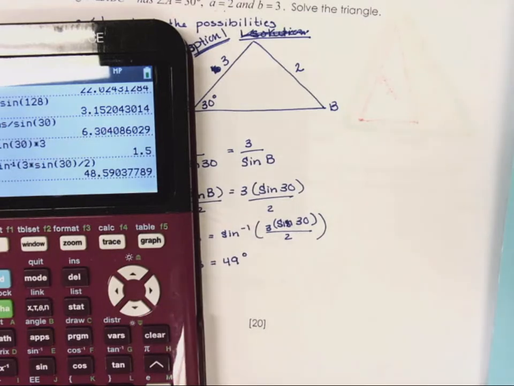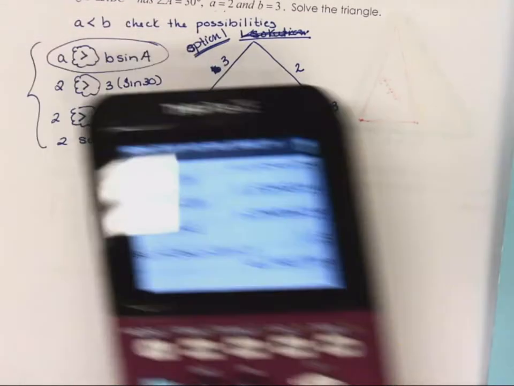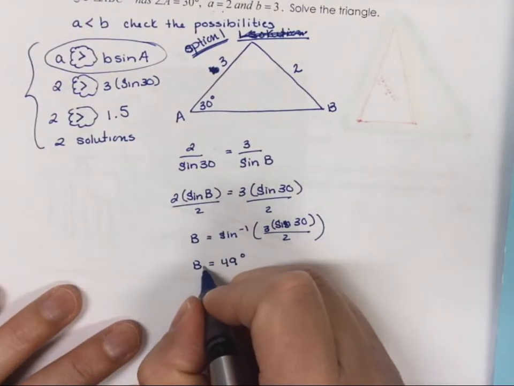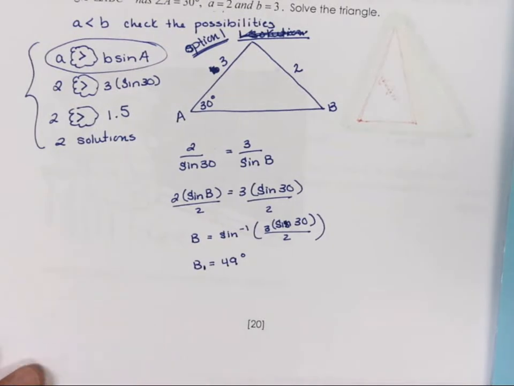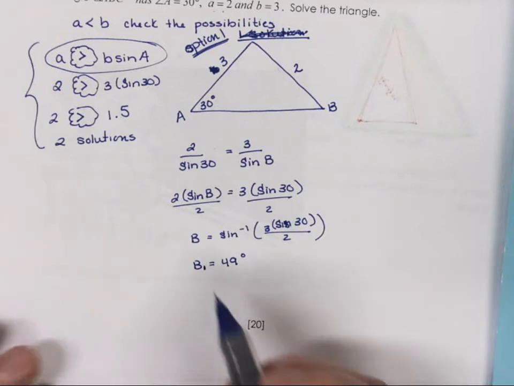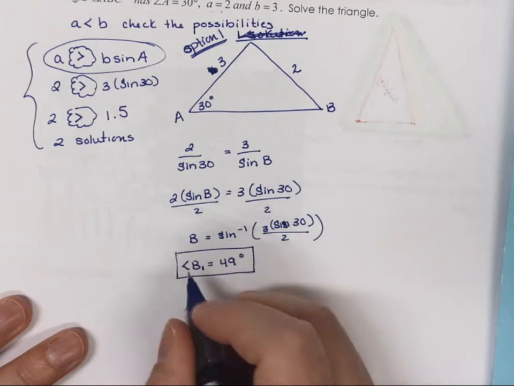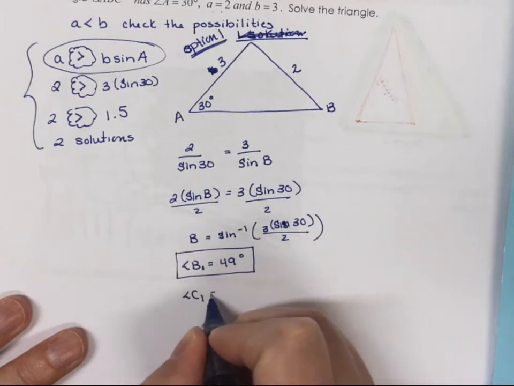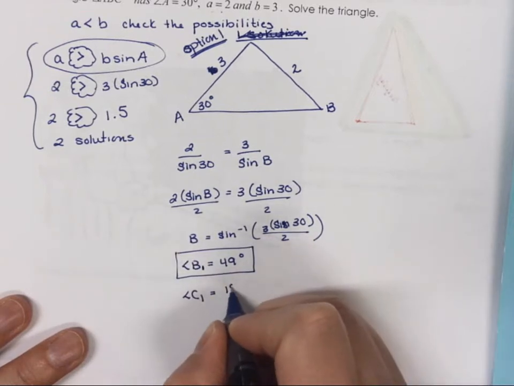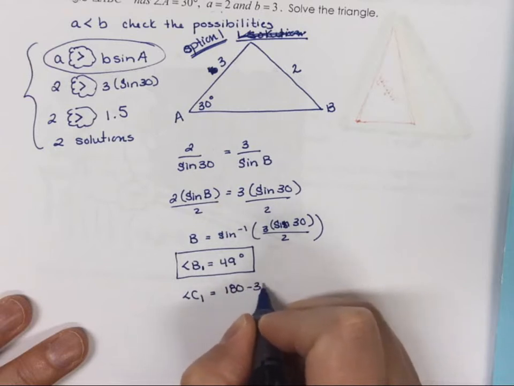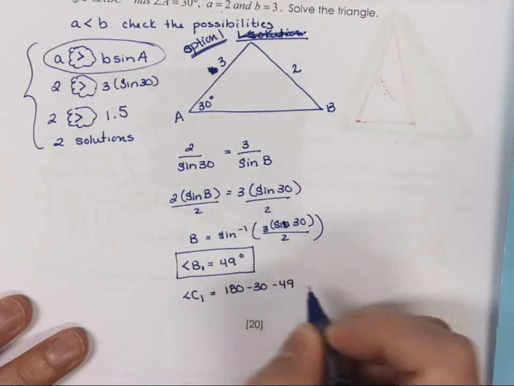And so there's going to be a second triangle that has a vertex of B. But I'm going to label this one B1. All right, so what is angle C1? 180 minus the 30 minus the 49. That's 150, so 101.